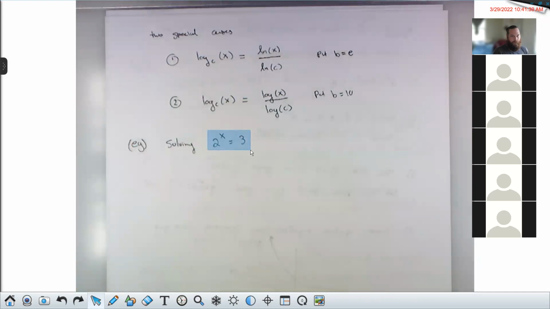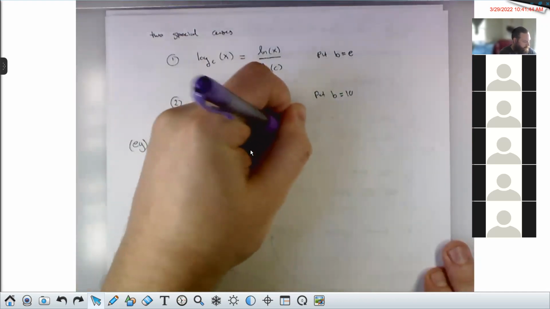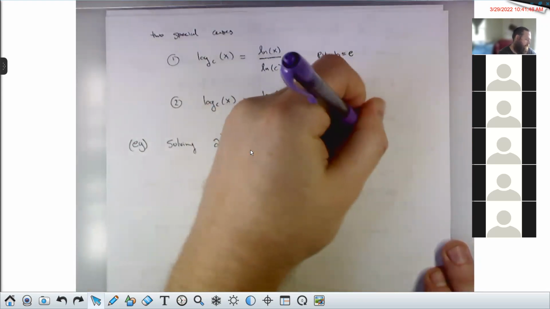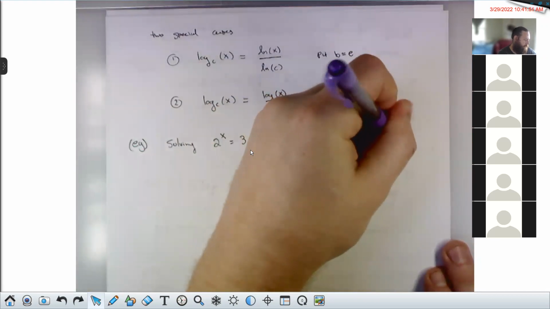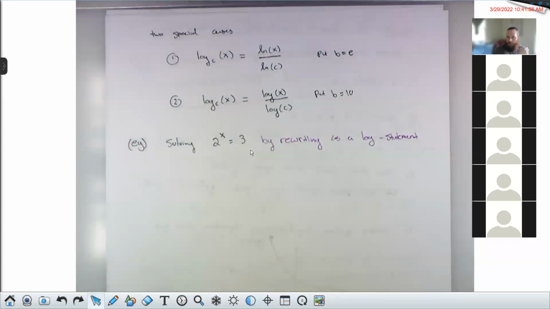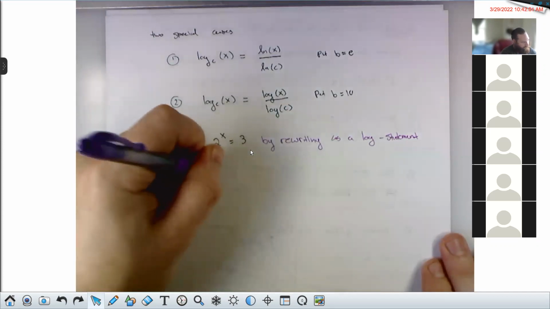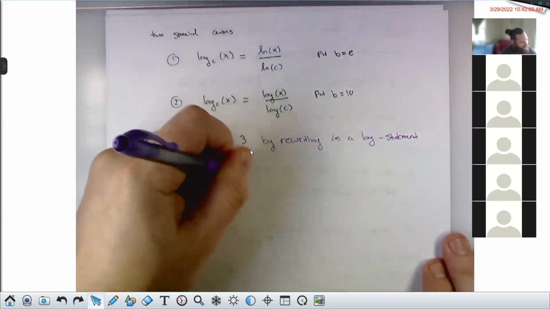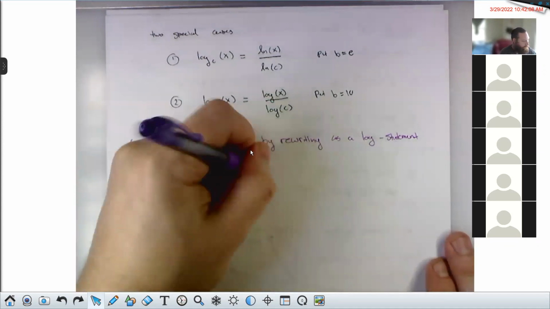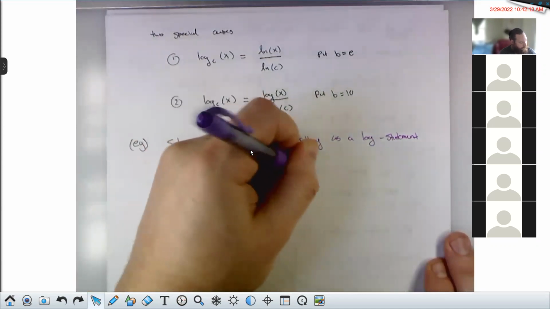The trick is I can rewrite this as a log statement. 2 to the x equals 3 can be rewritten in logarithmic form as x equals the base 2 log of 3.